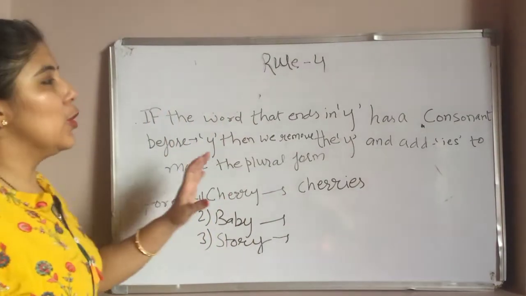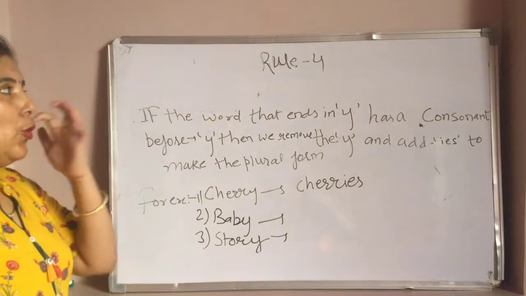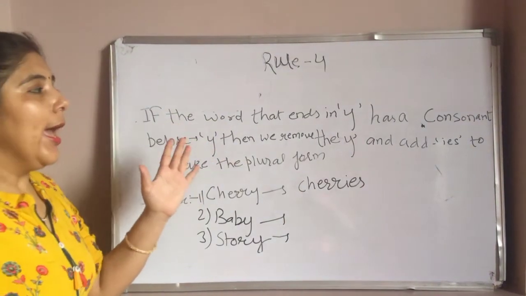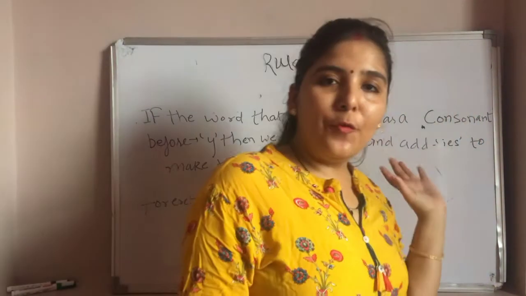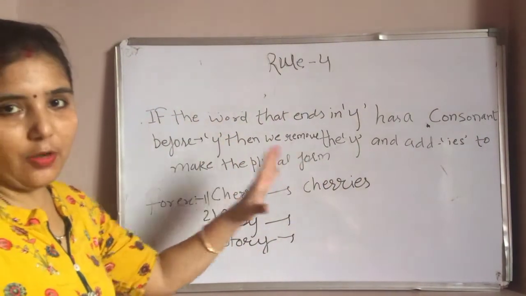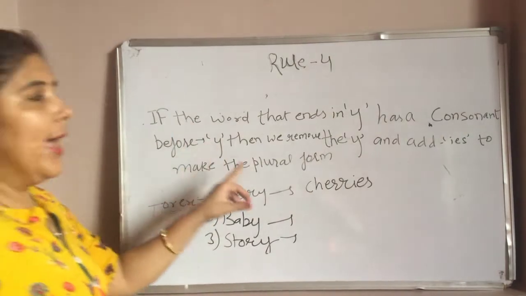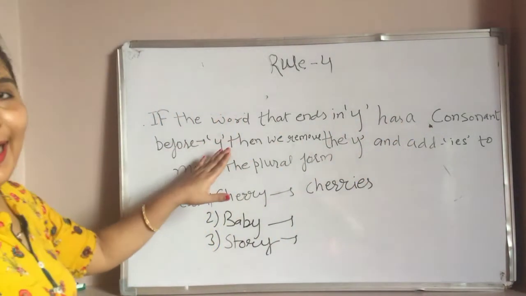Okay children, so has a consonant before y. In rule 3 we studied has a vowel before y, then what do we add? S after y.